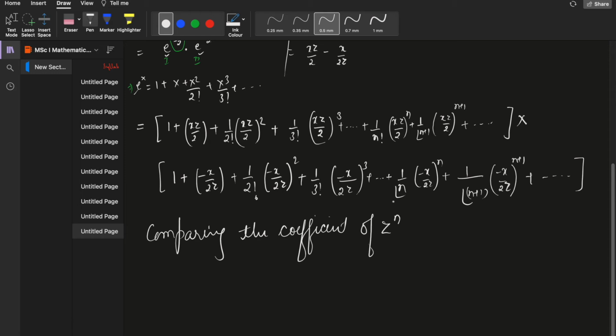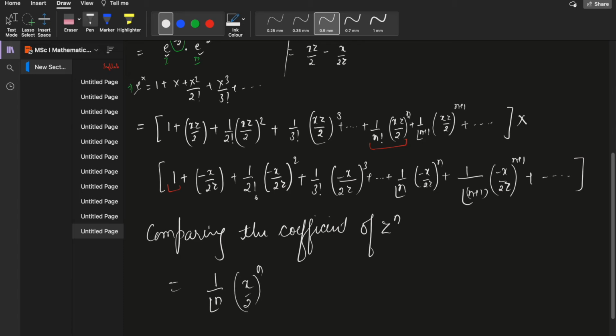So where can I find z to the power n? If this term is multiplied with this term, this will give me the first term, which is 1 upon factorial n, x upon 2 to the power n. Why not z to the power n?